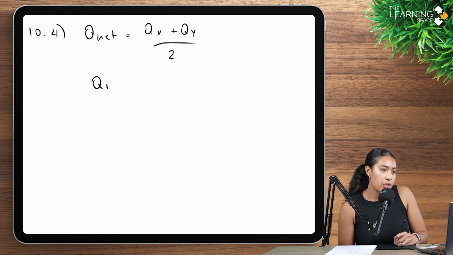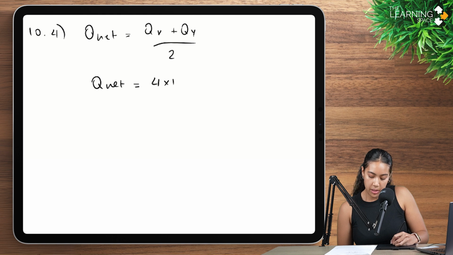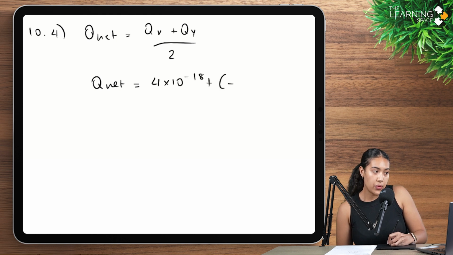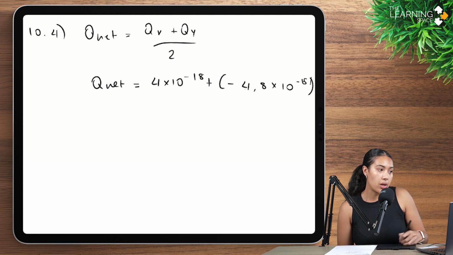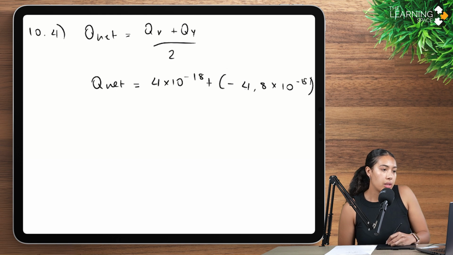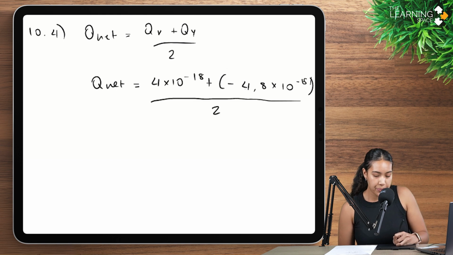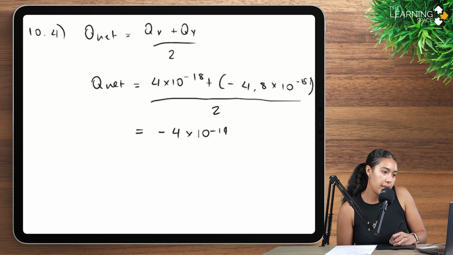So our net charge is 4 times 10 to the negative 18 plus negative 4.8 times 10 to the negative 18. Remember, this charge is the one that we calculated in 10.1. Then we divide that by 2, and our answer is negative 4 times 10 to the negative 19.